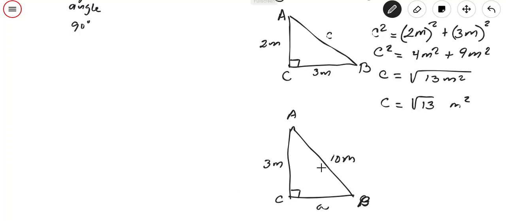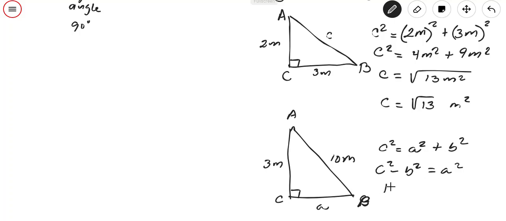So if we want to find the length of the side A, we know that C squared is equal to A squared plus B squared, because the square of the longest side is equal to the sum of the squares of the other two sides. Solving for A squared, we get that C squared minus B squared is equal to A squared.